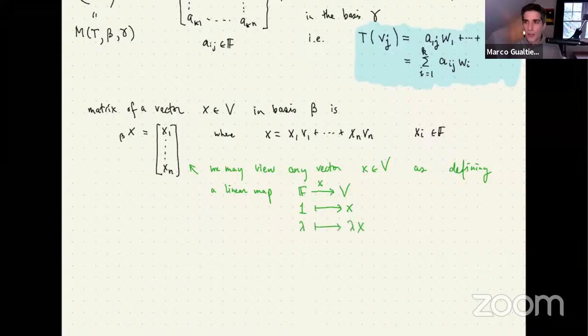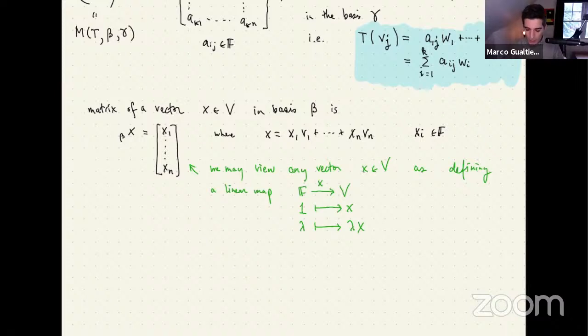So this is a simple idea that we can actually think of vectors in a vector space as if they were linear maps from the field into the vector space.